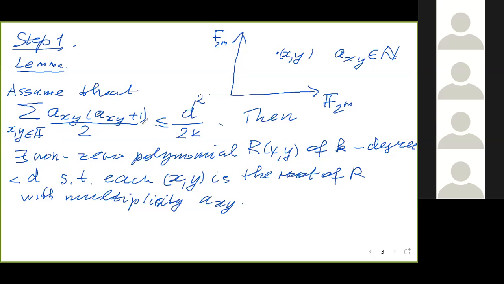So this guarantees that there is a non-zero solution to that system, and that solution provides the coefficients of the polynomial R. So this is a sketch of the proof, and I won't repeat that proof.